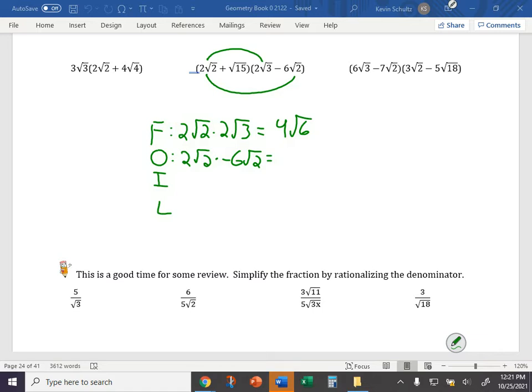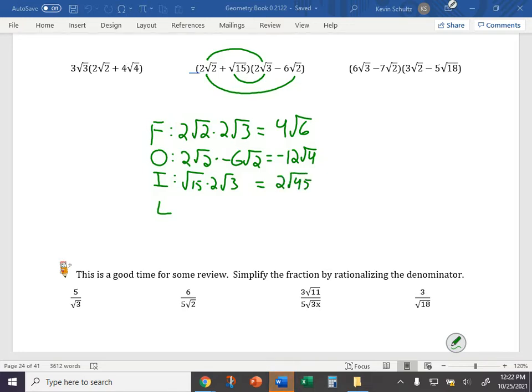What do we have? Well, negative 12 root 4. We'll deal with the simplifying in a little bit. The inside terms, root 15 times 2 root 3. What do we get? 2 root 45.